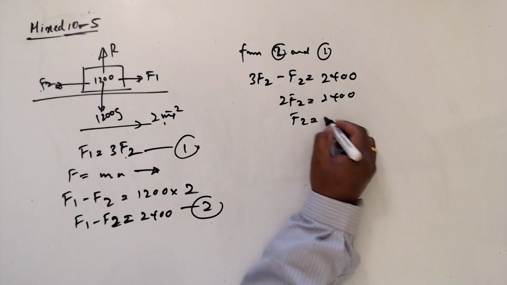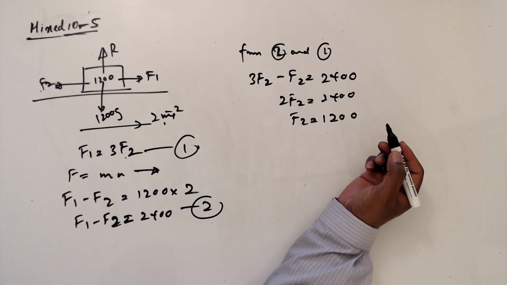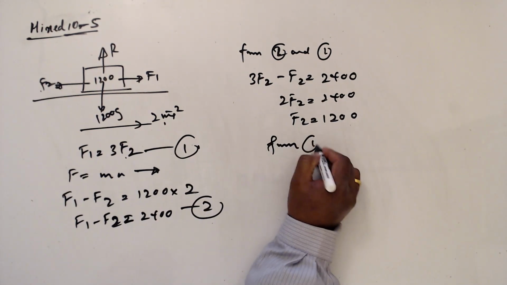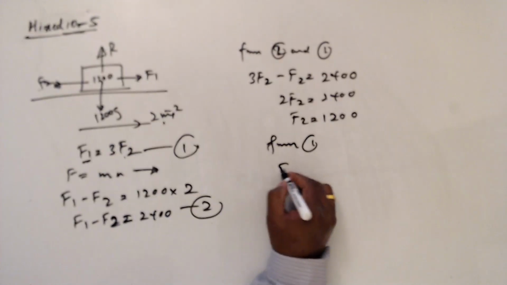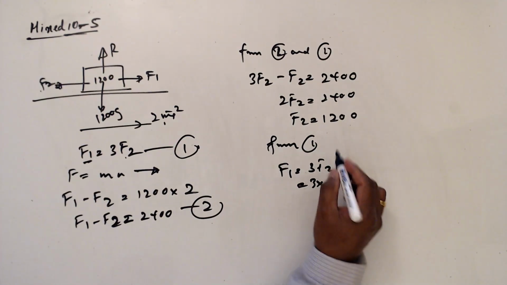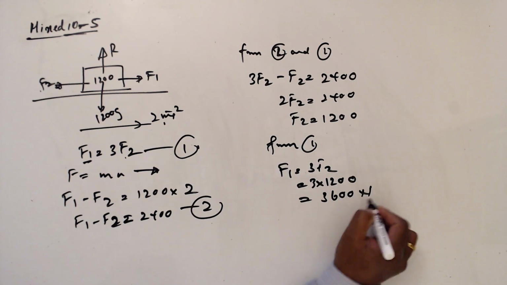F2 equals 1200. Then from 1 we need F1. So F1 equals 3F2. So 3 times F2 is 1200, so 3600 Newton.